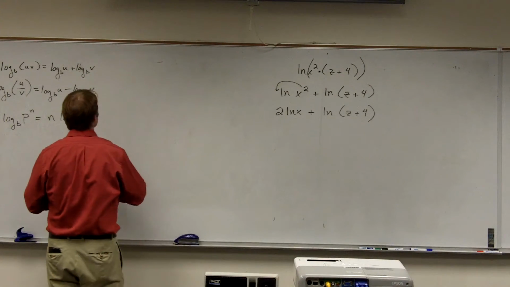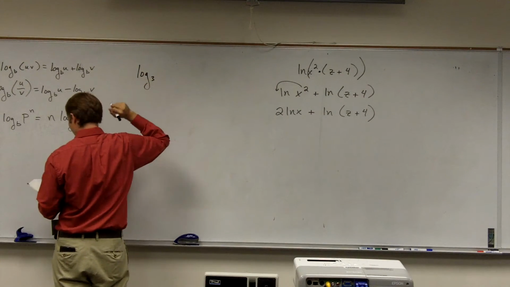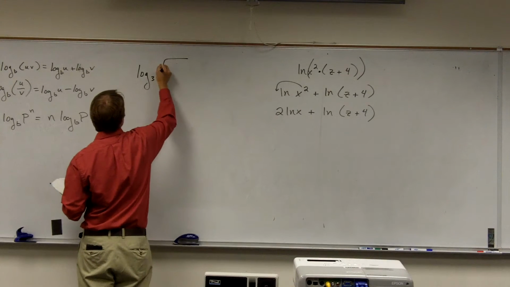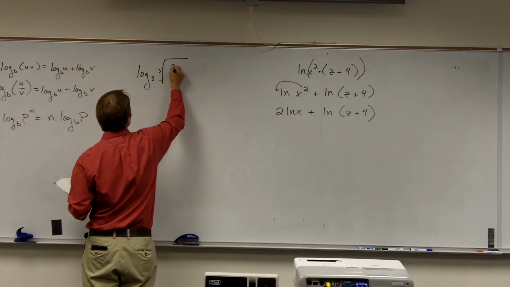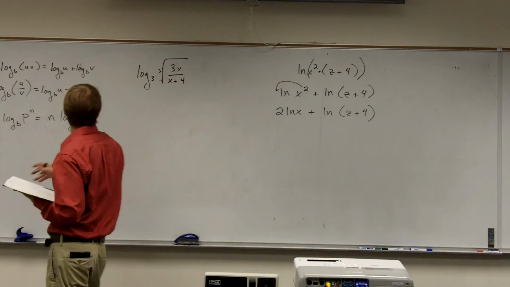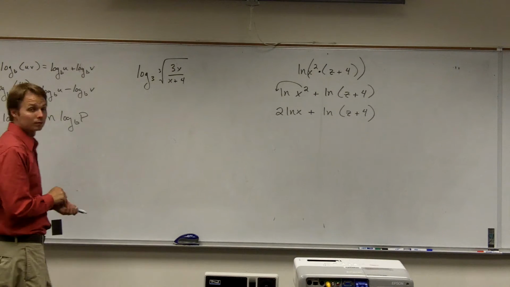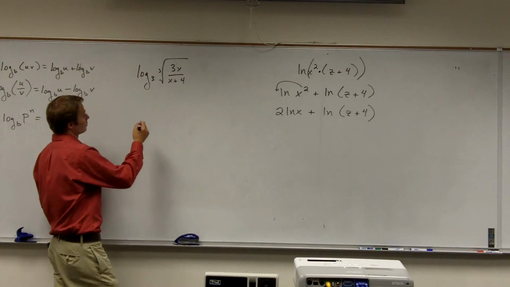What about this one? Log base 3 of the cubed root of 3x over x plus 4. Let's split this up as much as possible. The cubed root is just the 1/3 power.